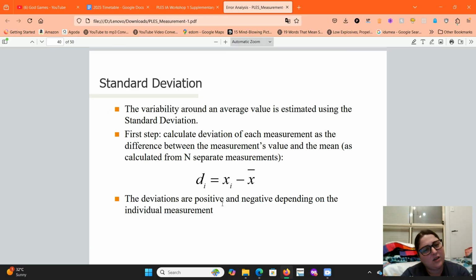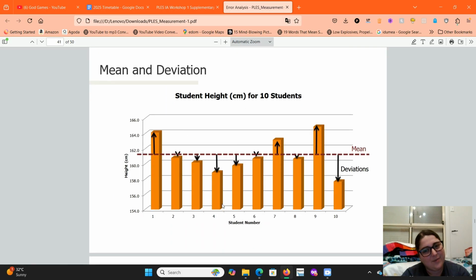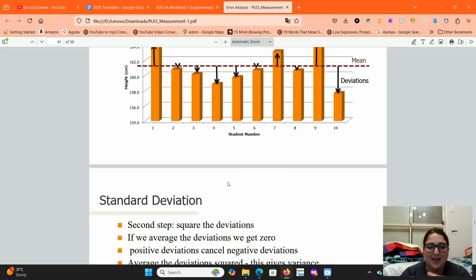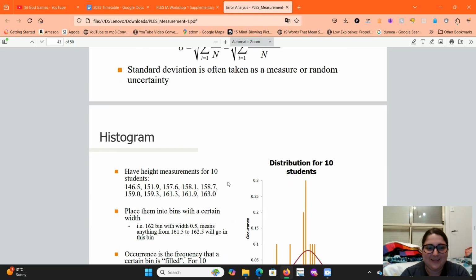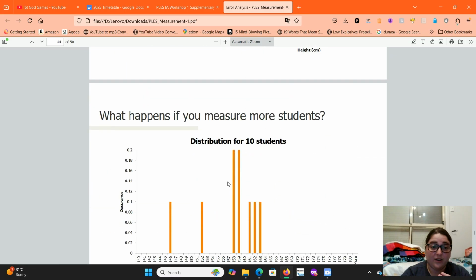Not used so much in year 11 and 12 physics, so we're going to just skip over that a bit, but you should know how to calculate a mean and a standard deviation. Once again, more maths things. Okay. You should all know how to create a histogram as well. Once again, a maths thing. We should have already covered it.